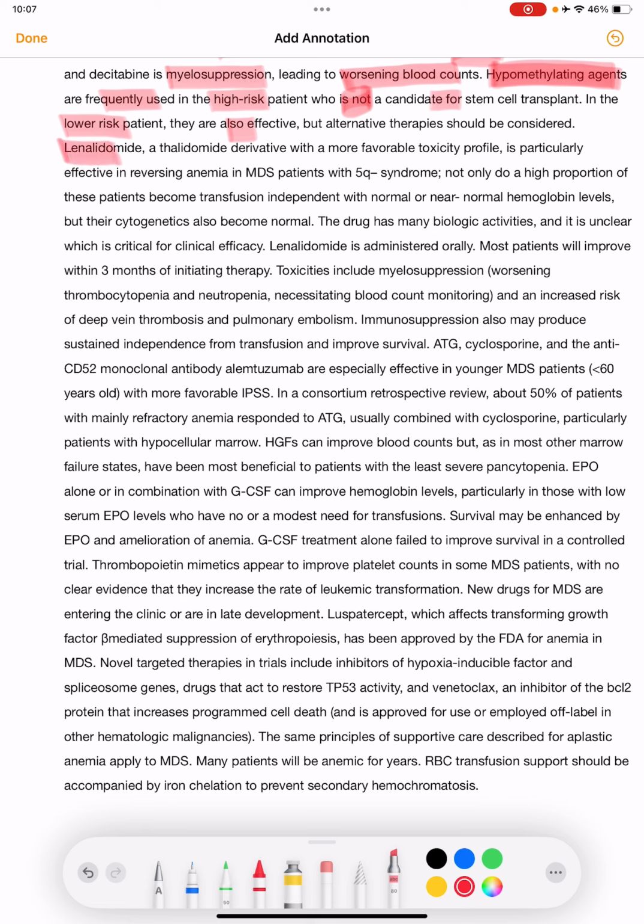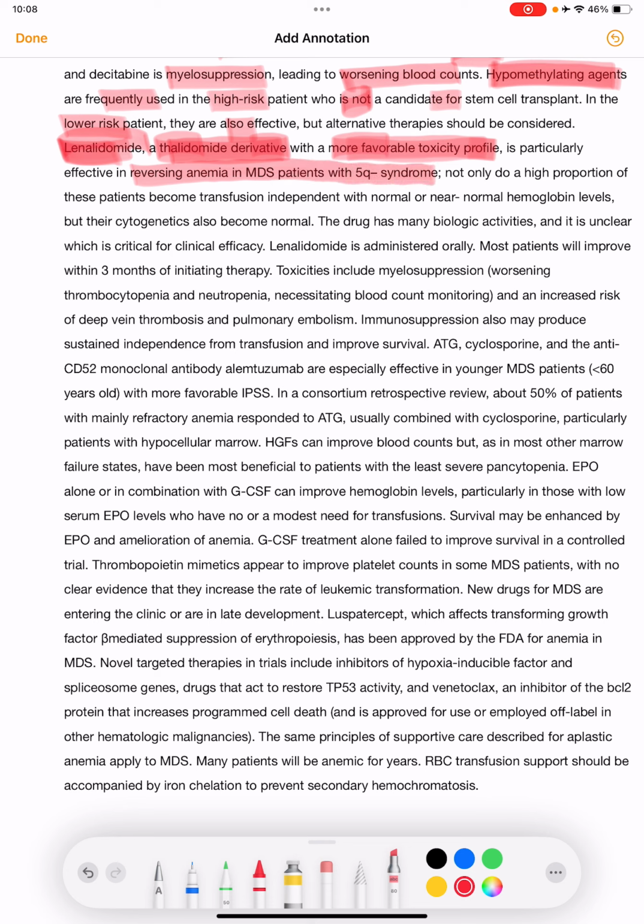Lenalidomide is a thalidomide derivative with a more favorable toxicity profile. It is particularly effective in reversing anemia in MDS patients with 5q minus syndrome.